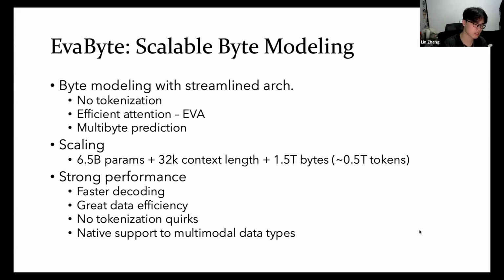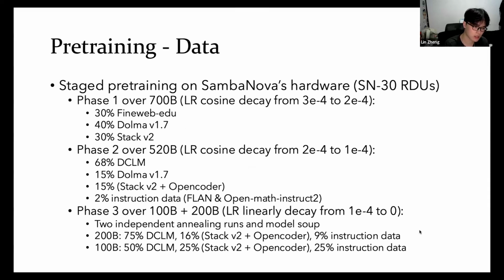So our final experiment setup is a 6.5 billion parameter model operating on 32K context lengths and training over 1.5 trillion bytes, which corresponds to 0.5 trillion tokens in our data mix. This yields very strong performance and very fast decoding runtime. It enjoys exciting data efficiency, and it removes most of the tokenization quirks and has very native support for multi-modal data types. Yeah, so we'll examine these details one by one.